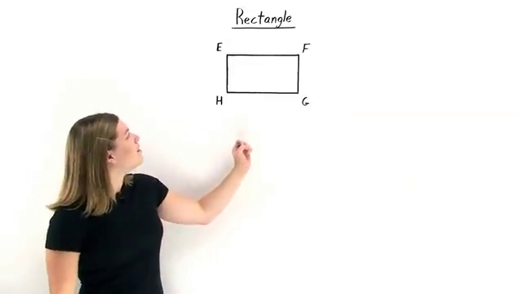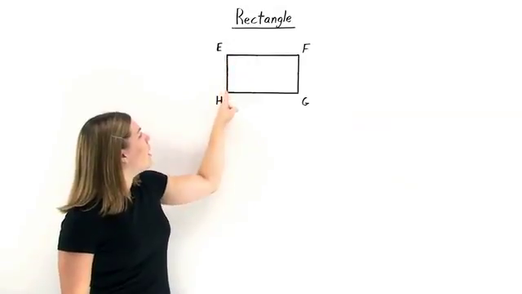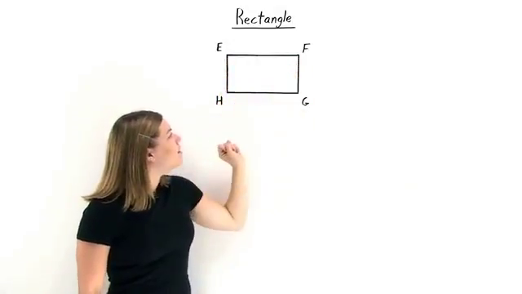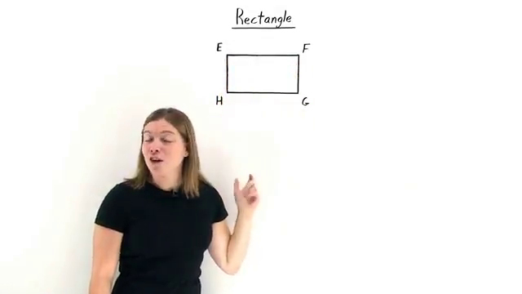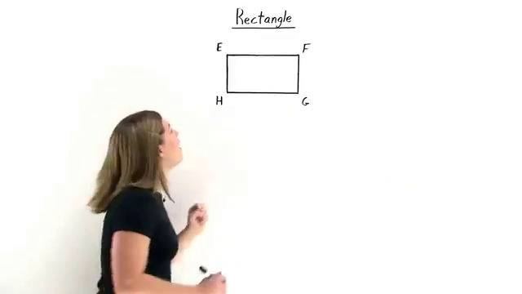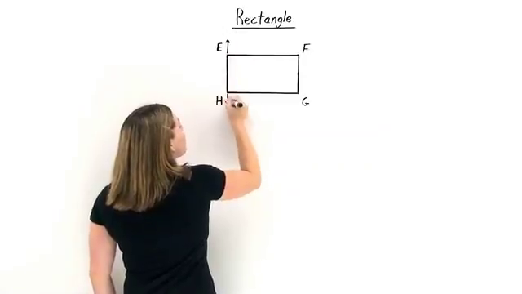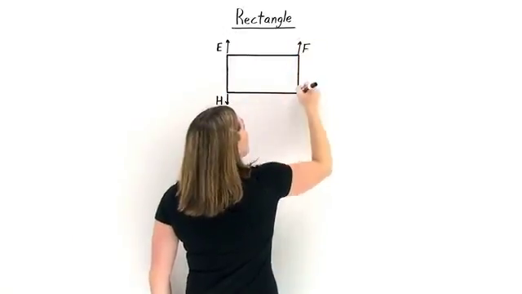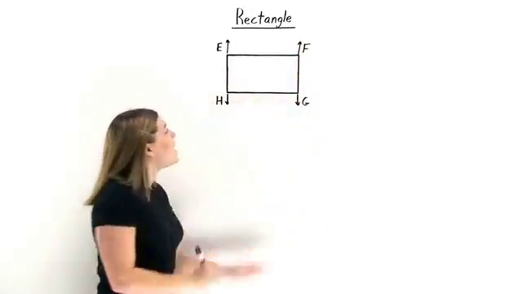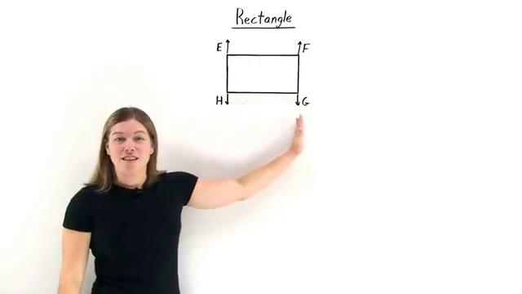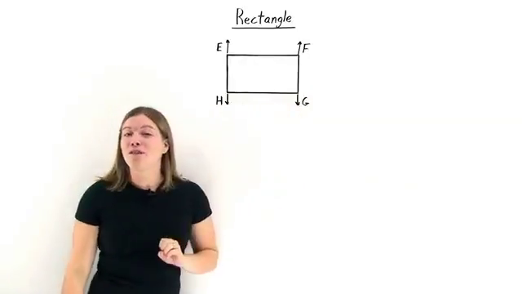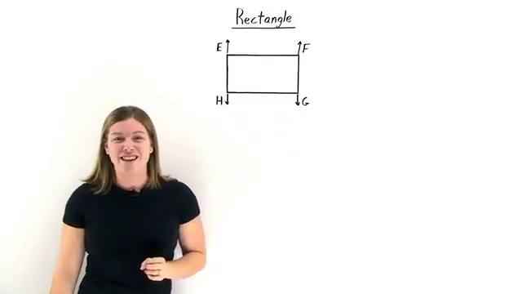Taking a look at the sides, we can see this side and this side. It looks like those sides are parallel to one another. And if we extend out each one of those sides in either direction, look at what we get. We get a set of parallel lines. These lines will go on and on forever without ever intersecting.